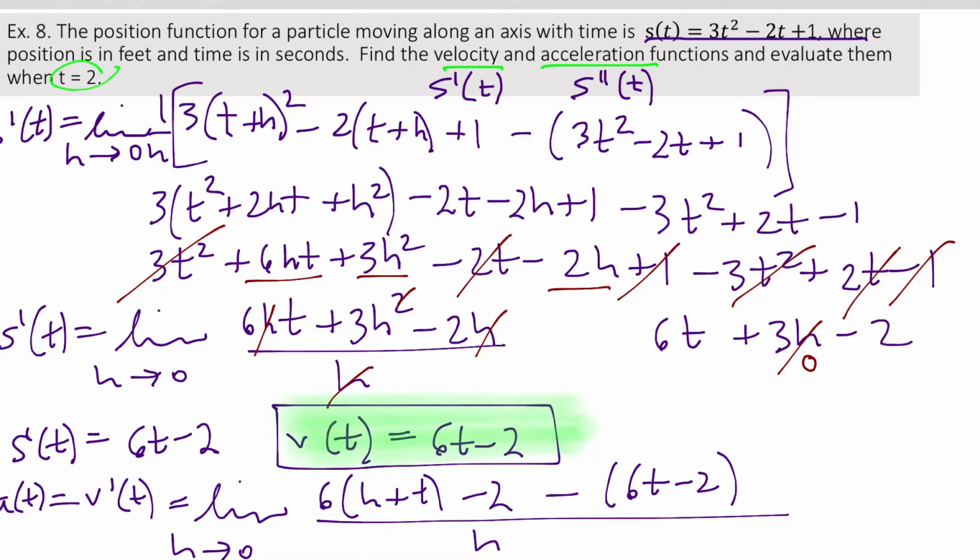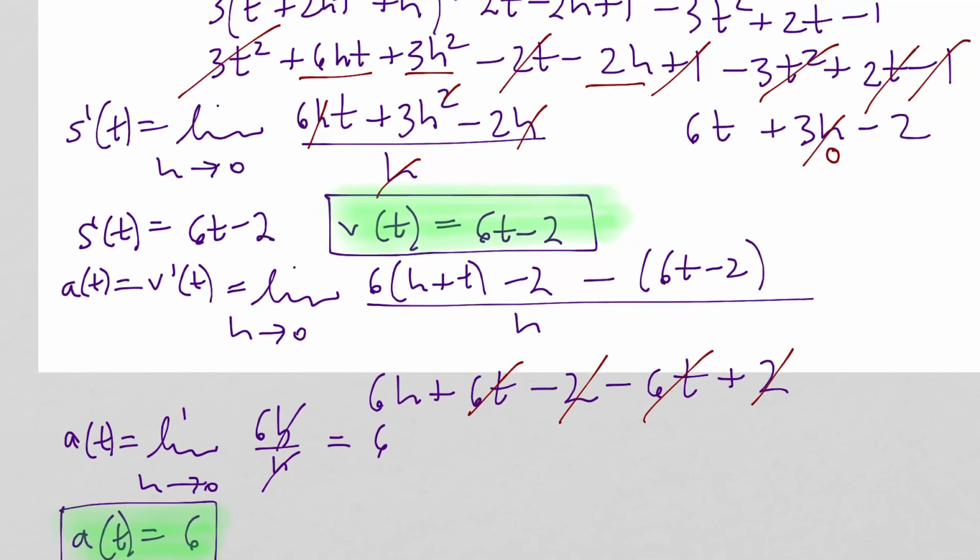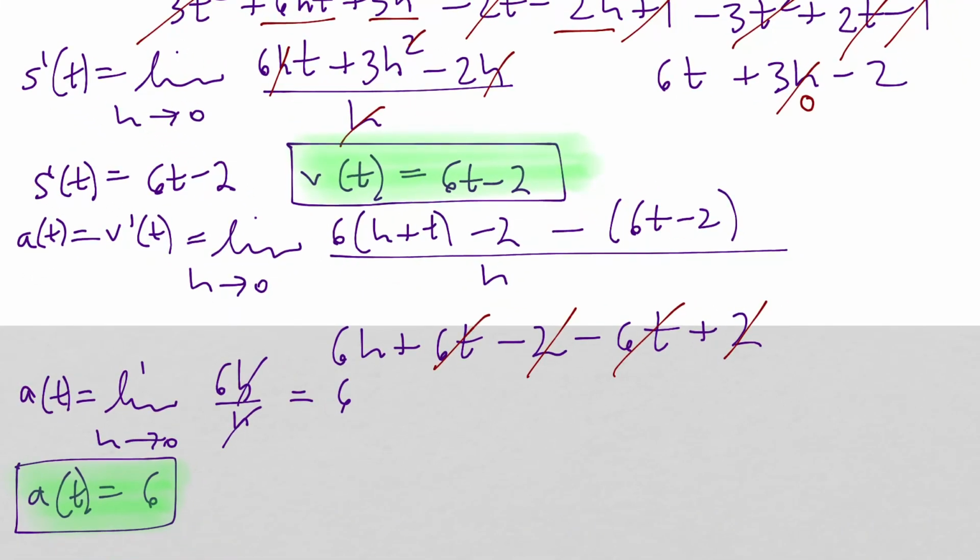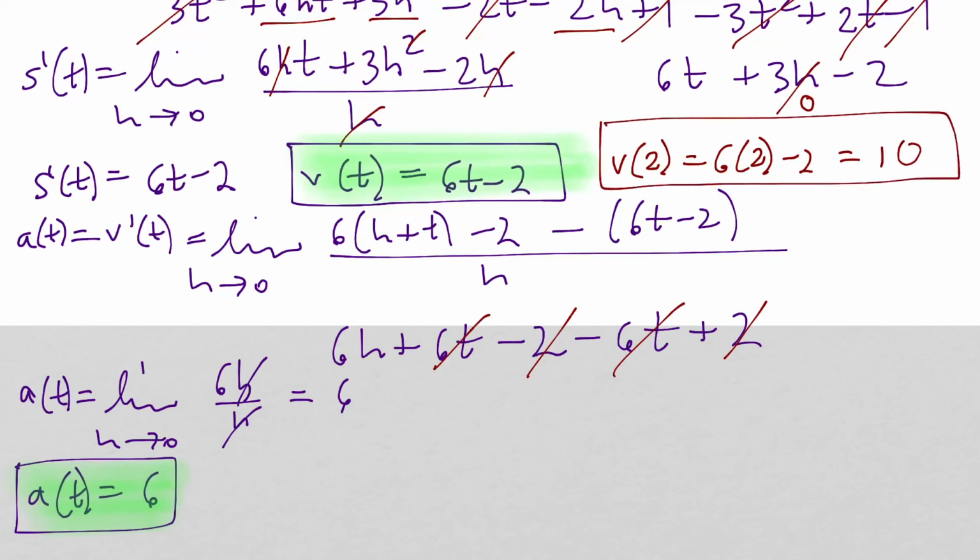So we're going to substitute 2 into the velocity function. So v of 2 is equal to 6 times 2 minus 2. That's 12 minus 2. That would be 10. v of 2 is equal to 10. And then a of 2, since it's just constant, it's always going to be 6. So a of 2 is 6.